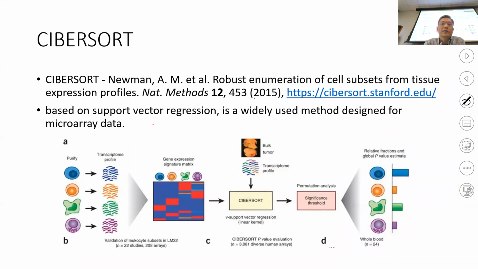And in 2015, people started to think about decomposing the tissue measurement of gene expression into the single cell type level. Because at that time you have RNA-seq and microarray, but no single cell data yet.